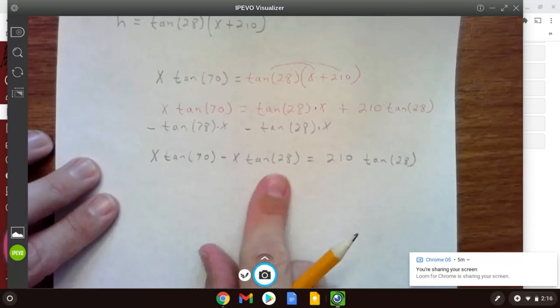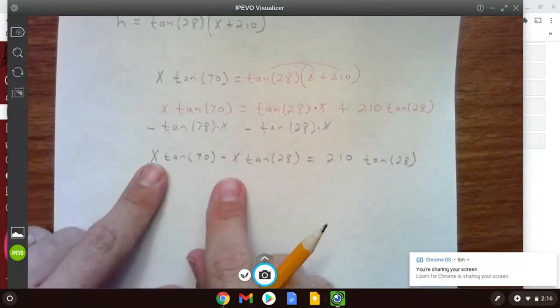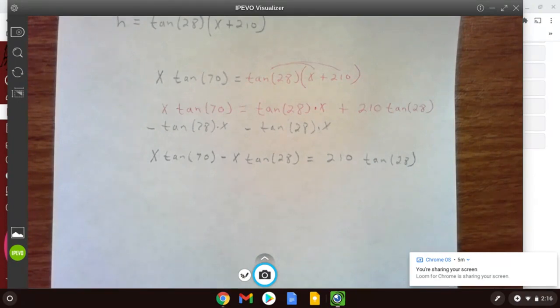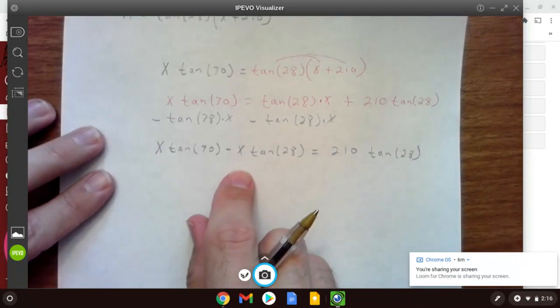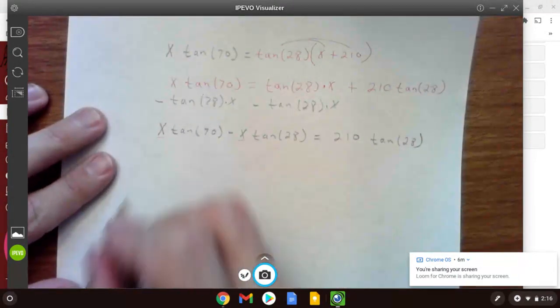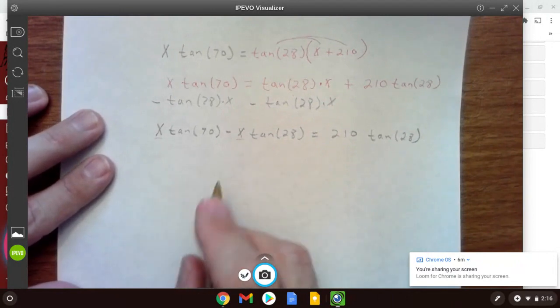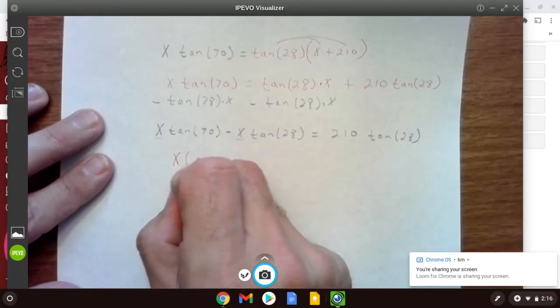At this point, if you wanted to make these into a decimal, you could, and then just combine terms because they're both going to be like terms. What I'm going to do is, because they both have an x, I'm going to factor out the x. This is similar to converting them to decimals, but this is avoiding that combining like terms thing.